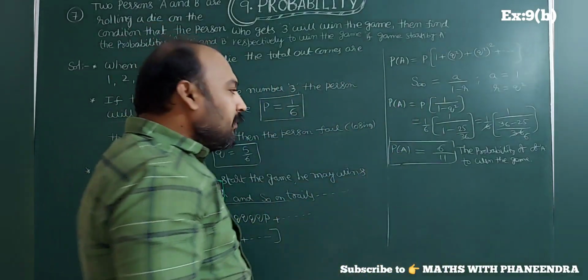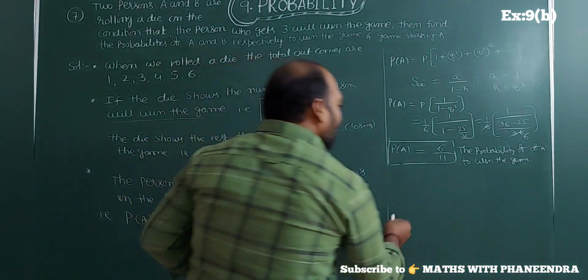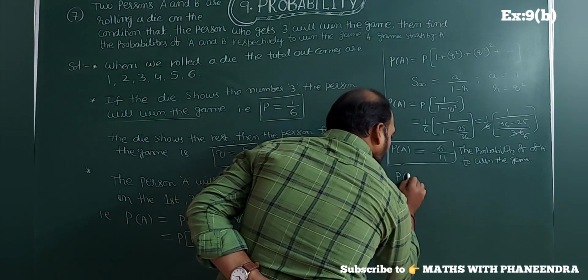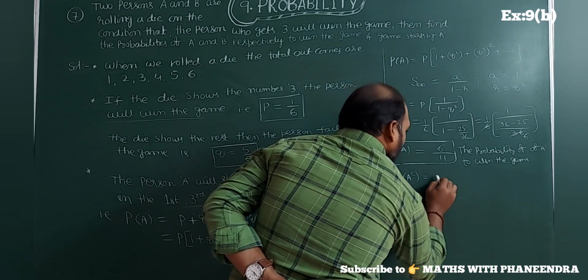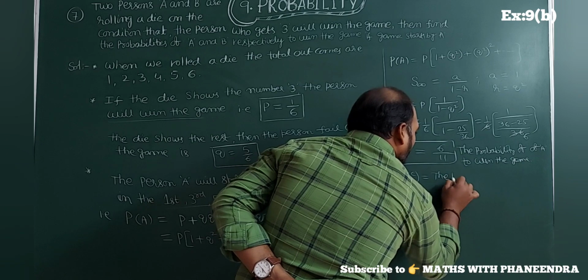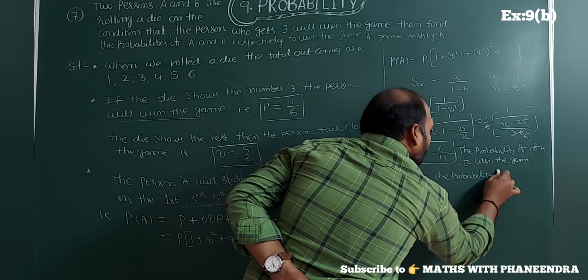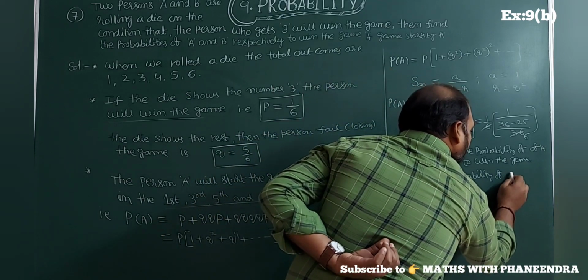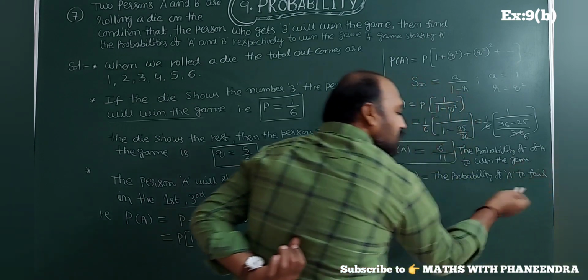So what does it mean to fail the game? Whenever A fails, B wins, indirectly. So P of A complement is equal to the probability of A to fail the game or to lose the game.